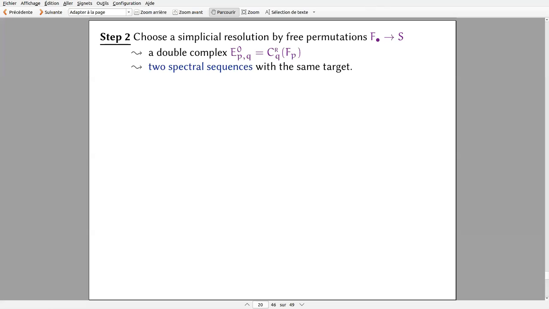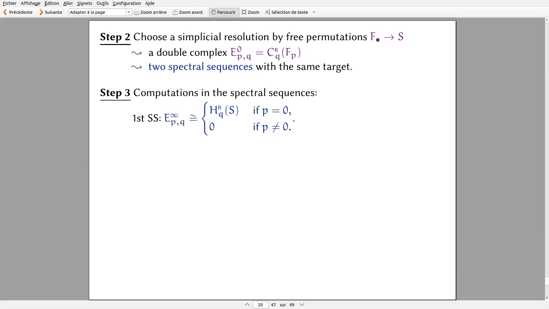And whenever you have this simplicial resolution, you can get a double complex by applying the Rank chain complex construction on each level. And if you have a double complex, you have two spectral sequences which have the same target. The first spectral sequence will start by looking at the direction of the resolution.